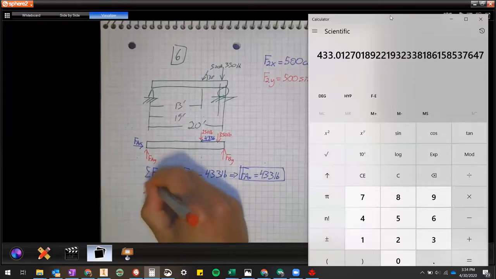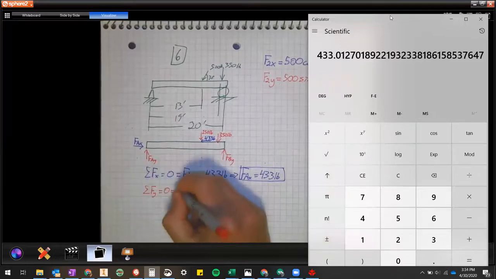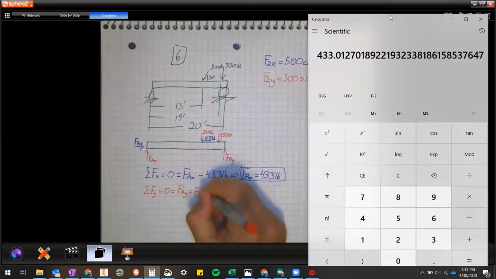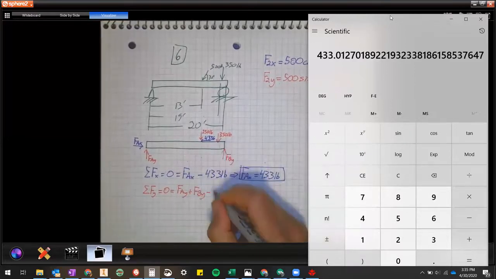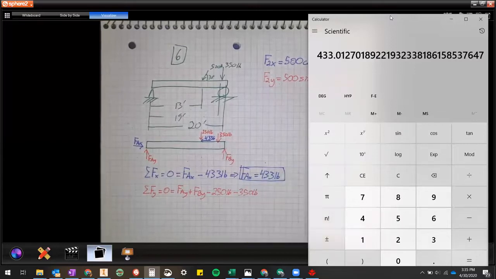Always the same pattern over and over, same process. FAY plus FBY minus 250 minus 350. Those are all of our forces that are acting in the y direction.